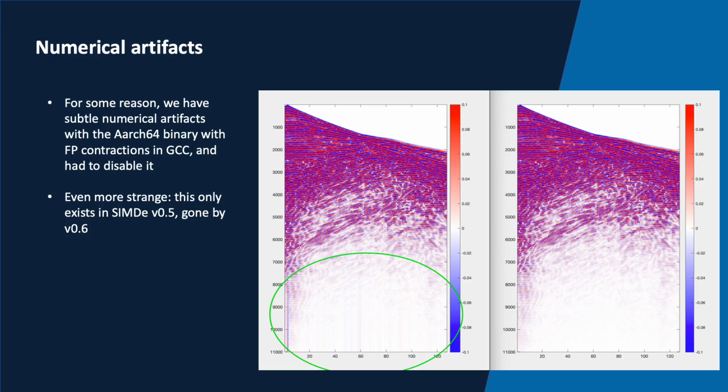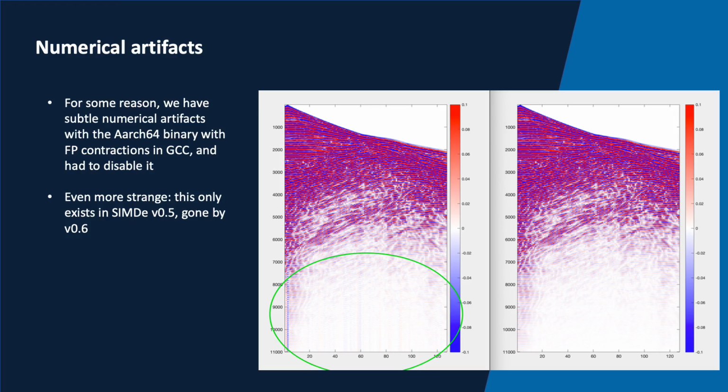After a lot of testing and debugging, we found that it is toggled by the FP contractions. If we turn off floating point contractions in GCC, which is known to be very aggressive, this basically means that we can't use fused multiply-adds and all that kind of stuff, at least not automatically. Once you turn that off, that artifact goes away.